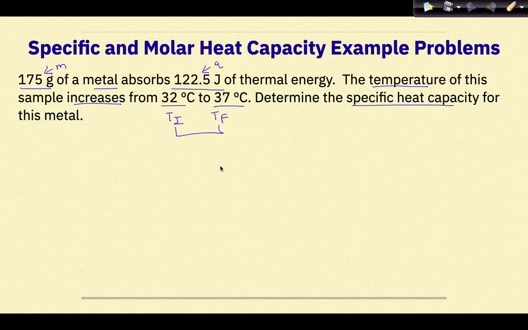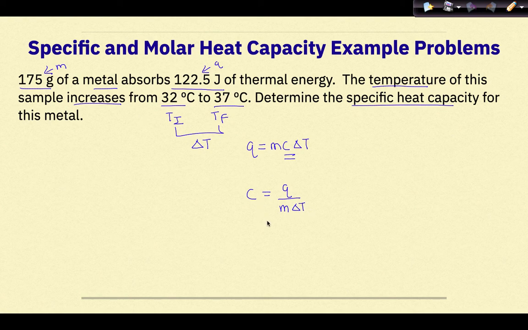By taking the difference between those two, I can get my delta T. So really what I need is my C. The first thing I am always going to do is write my formula. Q equals mc delta T. Again, like the previous problem, I'm going to isolate my specific heat capacity. So C is equal to Q over m delta T.